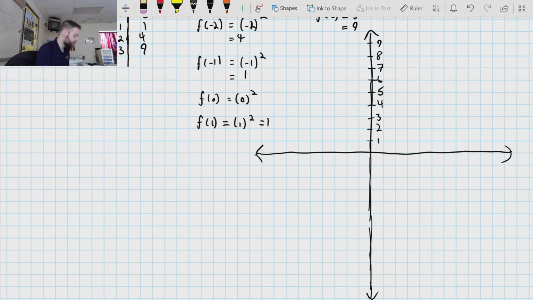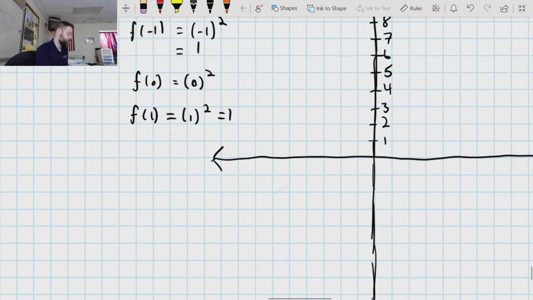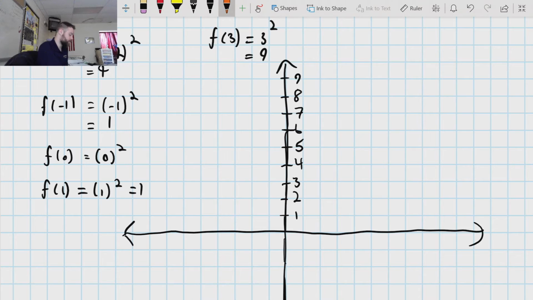So this is the function space that I'm going to do. And so if I zoom in a bit, I can start to plug in these inputs and outputs. And let's look at that input-output table.